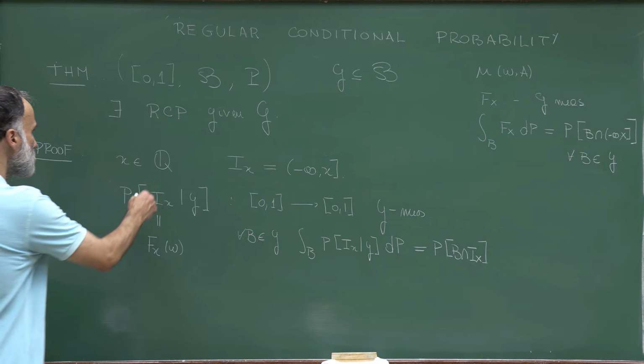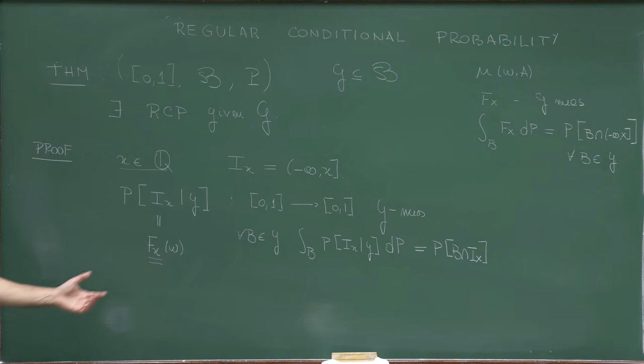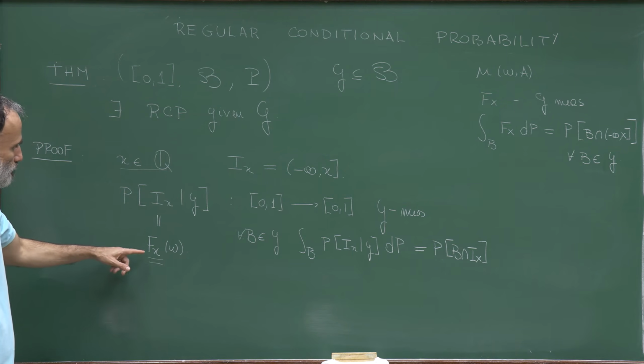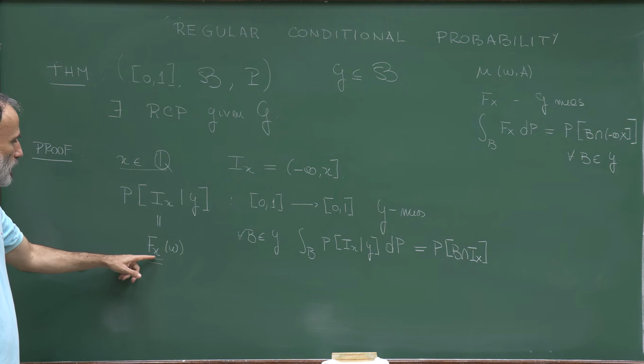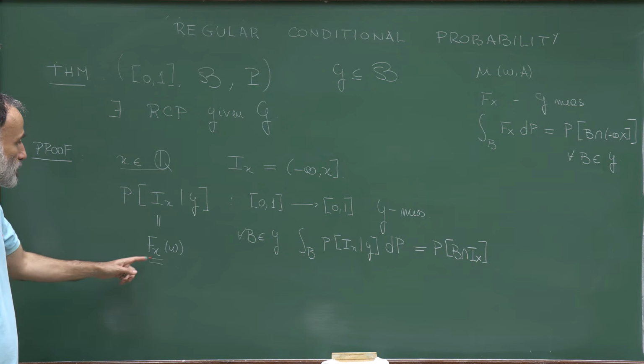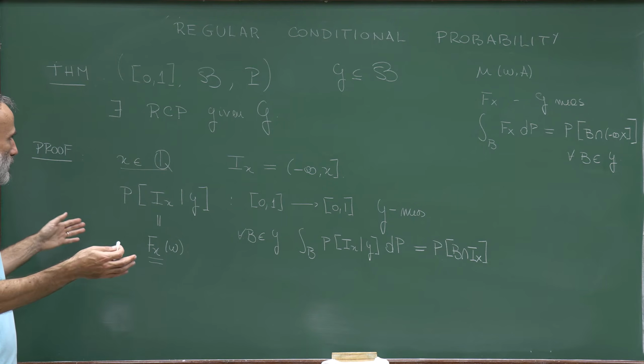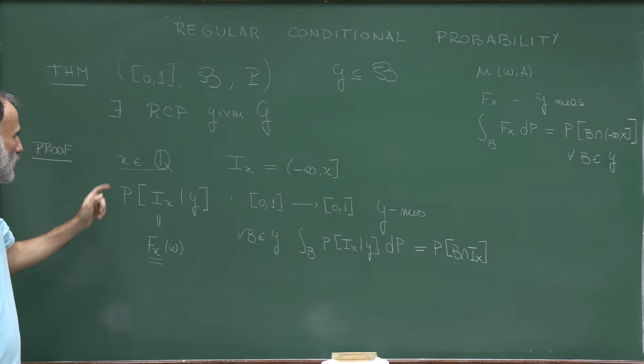Now for each x, I have a function fx. With these functions, I'll first show that I can change fx in such a way that it becomes a distribution function for each x, and therefore I will have a family of distribution functions fx.